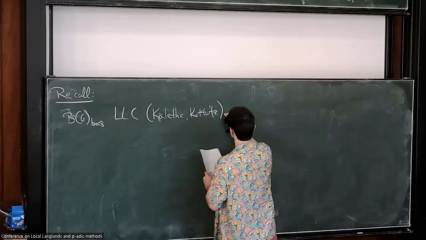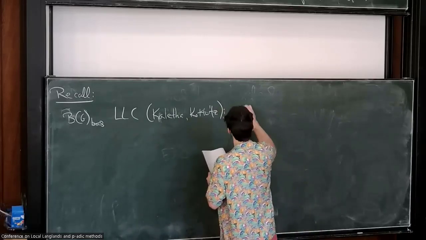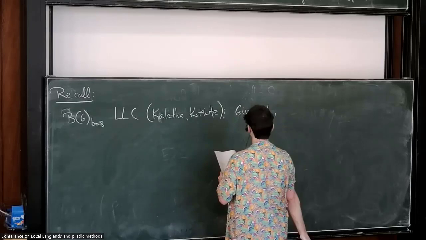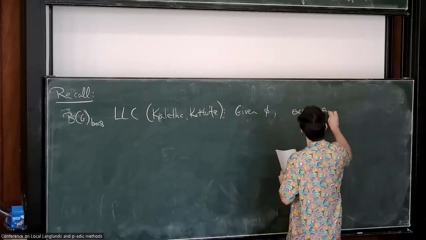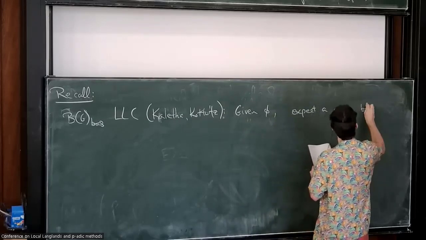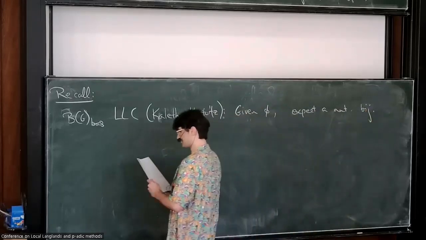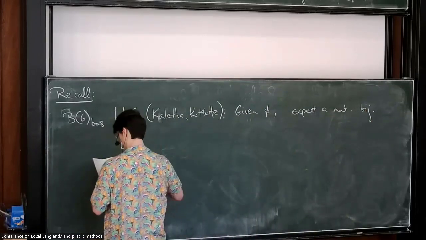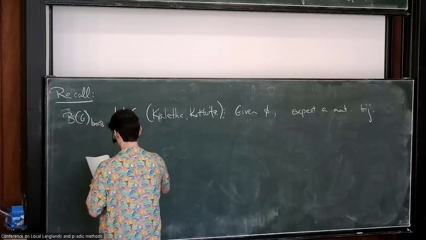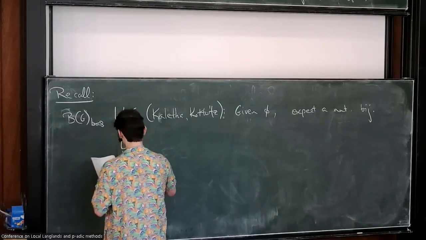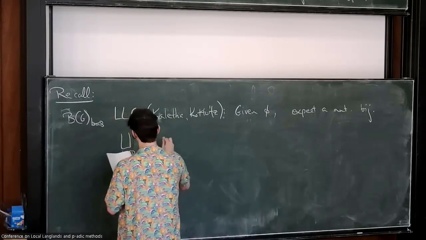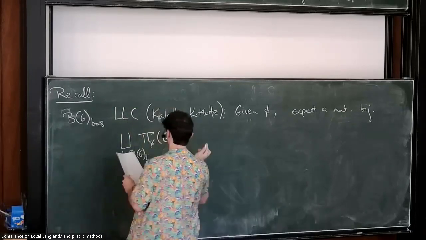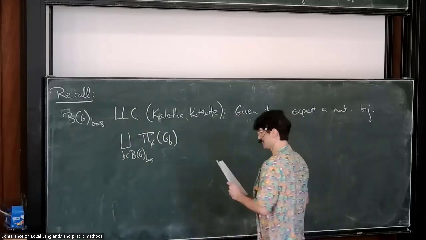Okay, and so this says the following. Given φ, we expect a natural bijection between the following things. So on the one side, you have the union over all b in B(G)-basic of the L-packet for φ attached not to G, but to this inner form G_b(E).